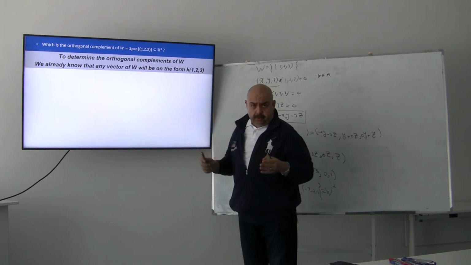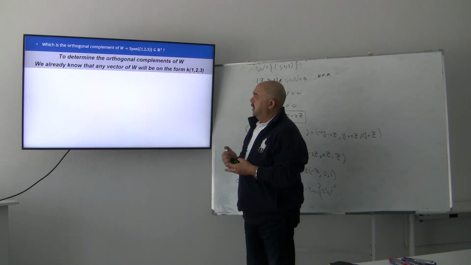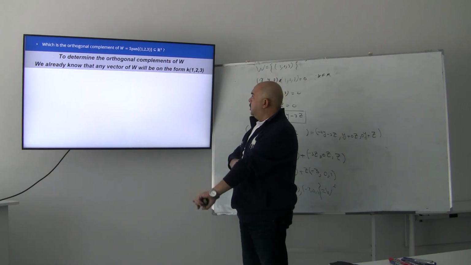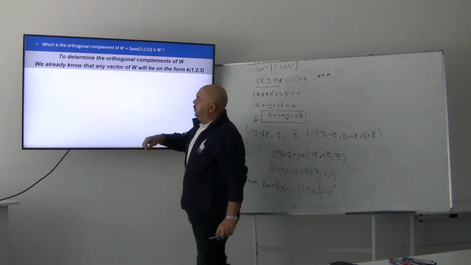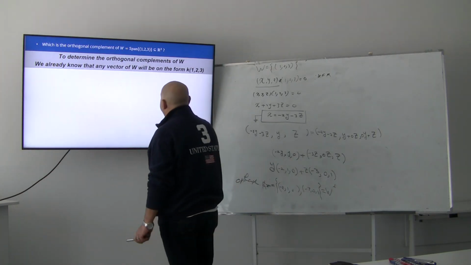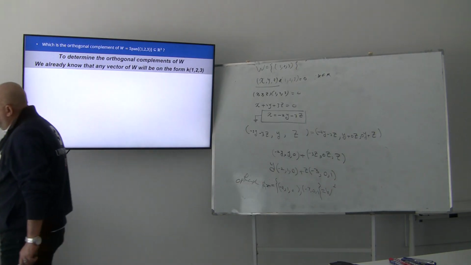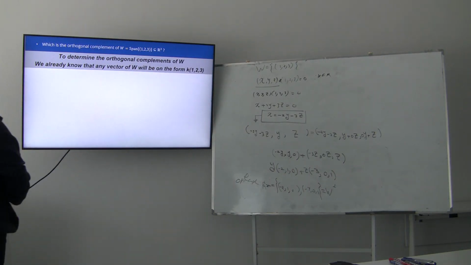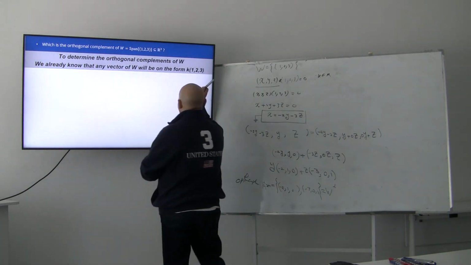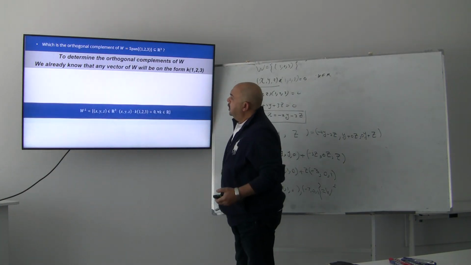Once more, let's go through it quickly on the slides. To determine the orthogonal complement of omega, we already know that any vector of W will be of the form k times (1, 2, 3).